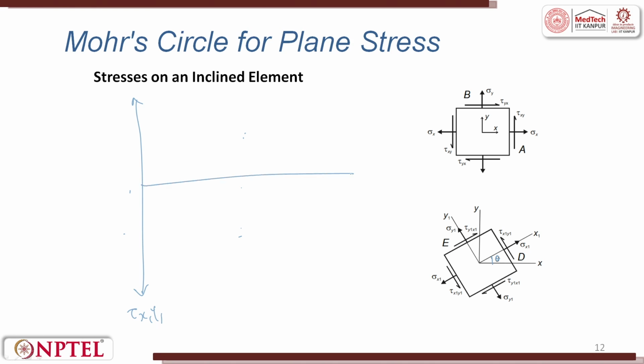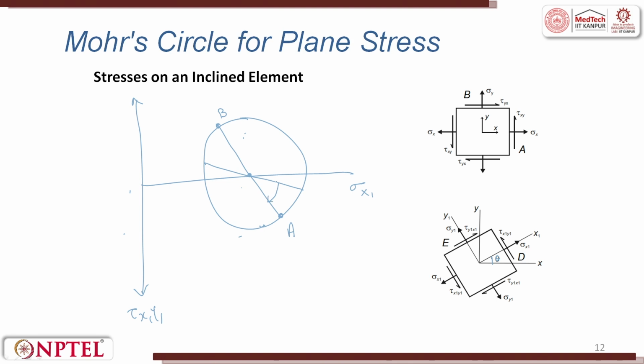This is sigma x1. You have a center which is nothing but sigma average. Then you have a circle. You have a point A, which hits the other end, which is point B. Now, there is a shift which is happening.